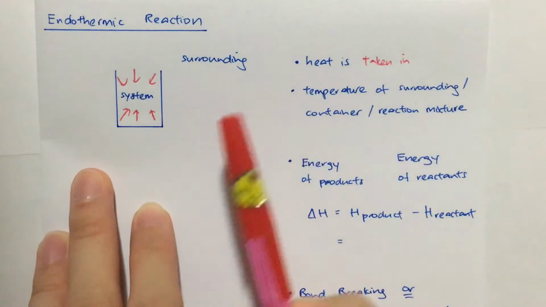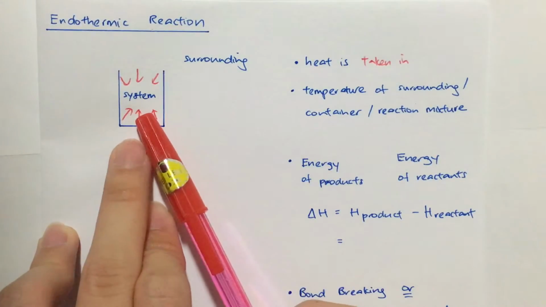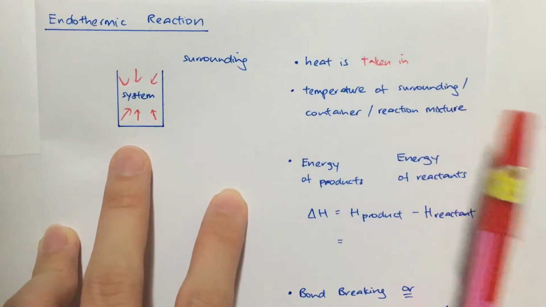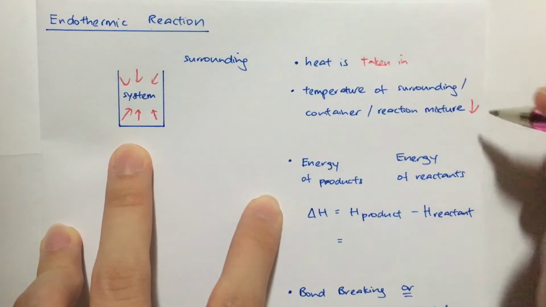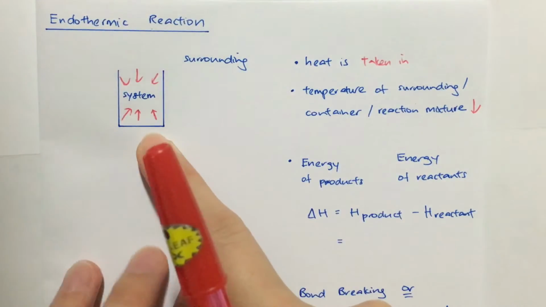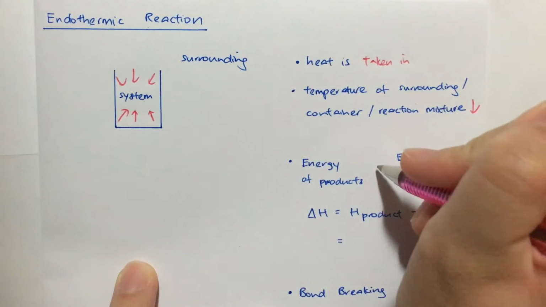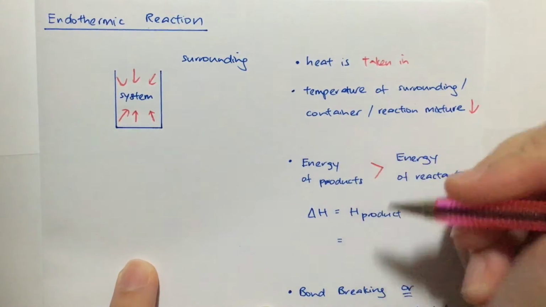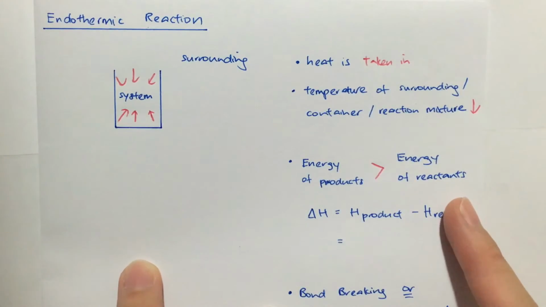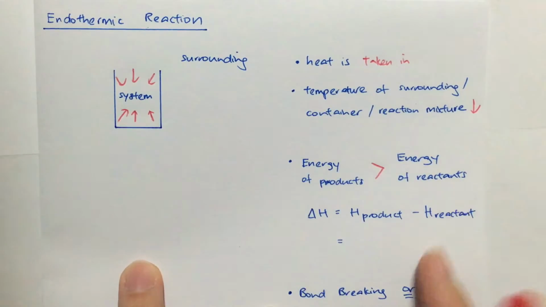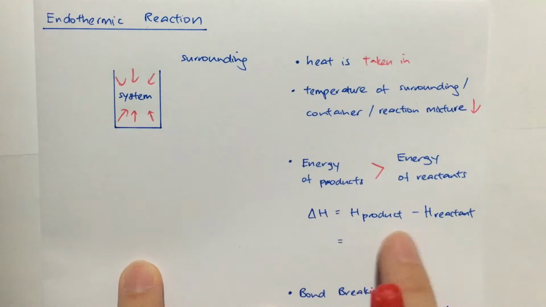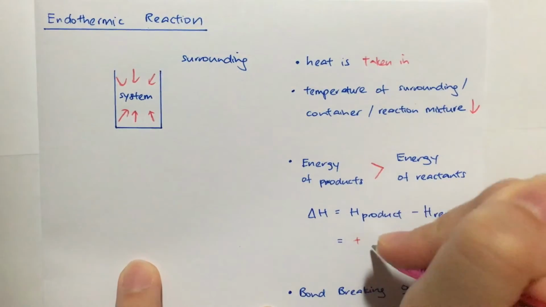Because the surroundings have to supply heat into the system, the temperature of the surroundings will fall. And because the heat is being taken in, the energy of products is more than the energy of the reactants. So when you do your enthalpy change, what you have is a positive value.